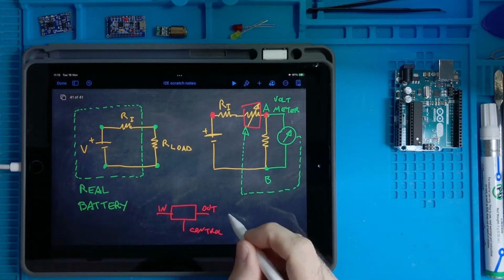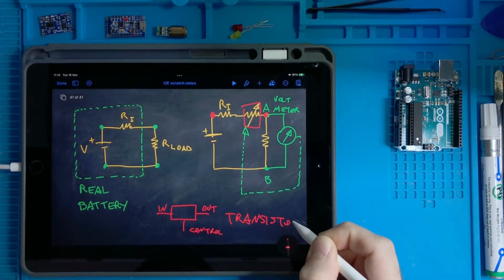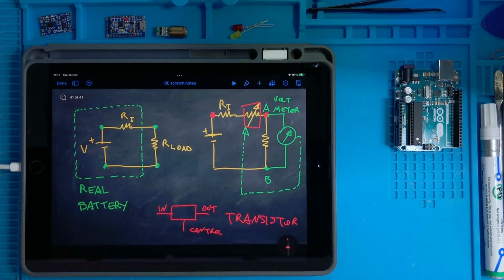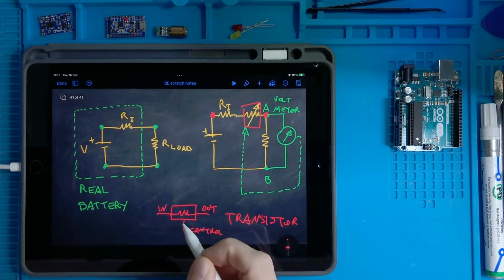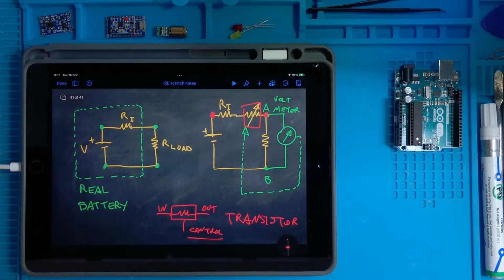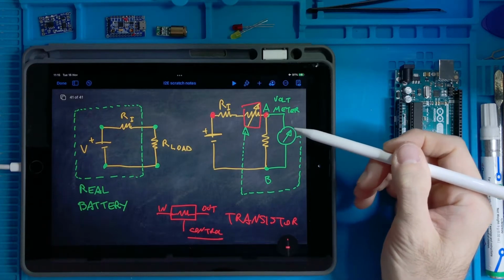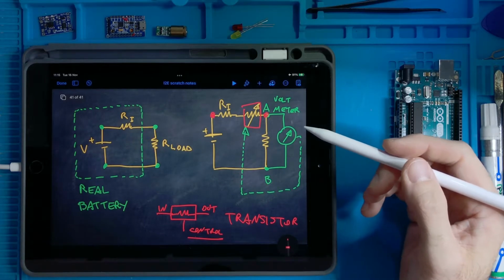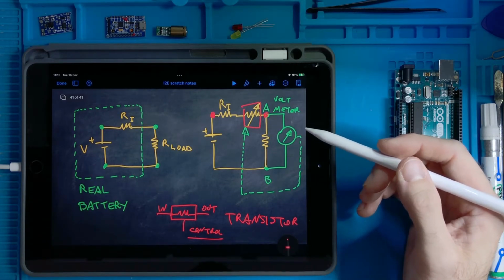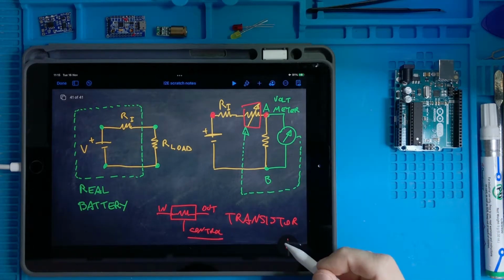This thing will be the transistor, which is an acronym that stands for transfer resistor. So it's a resistor like this, but we can control it with a control terminal. And the voltmeter that we put here, if we want to do something very precise, is something that we can obtain as the result of the application of what would be called the operational amplifier.